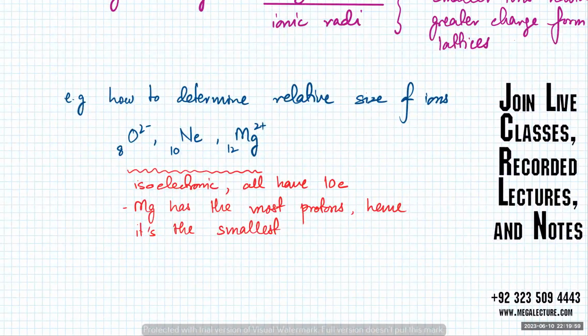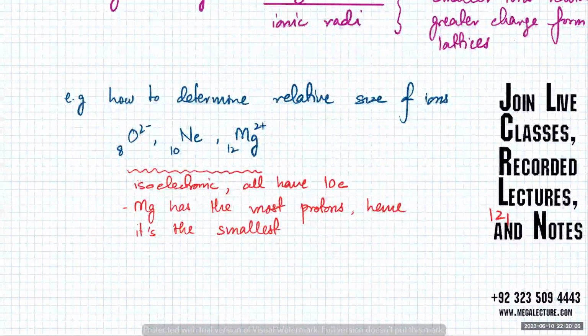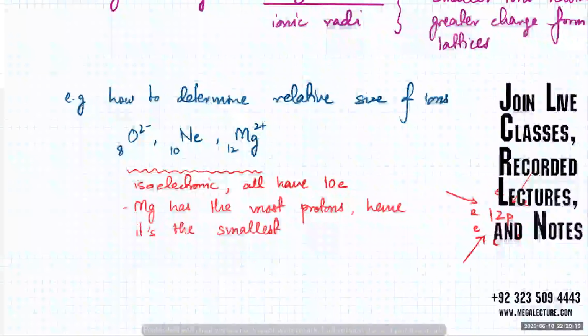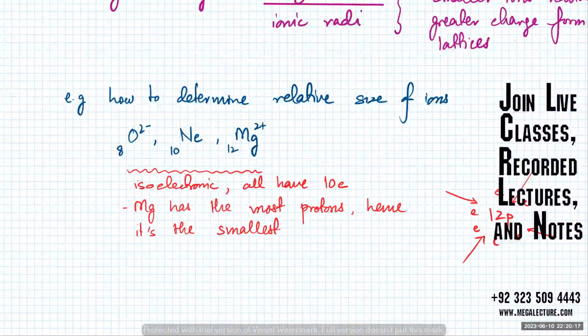Why does that make it the smallest? Because it's got 12 protons. 12 protons will attract the 10 electrons around it strongly. They all have 10 electrons, right? Mg has the most attractive power out of all those. Is this clear? Yep. And oxygen is the least. It's got 10 electrons as well, but it's attracting the electrons the least.